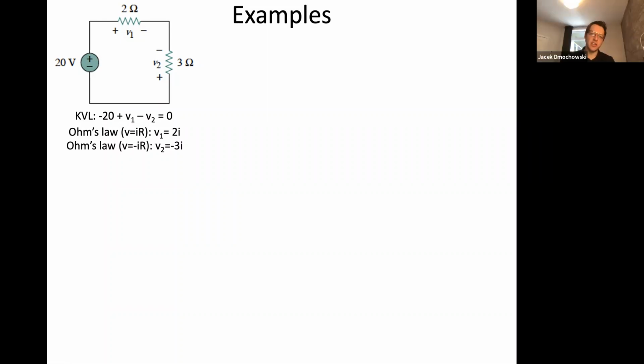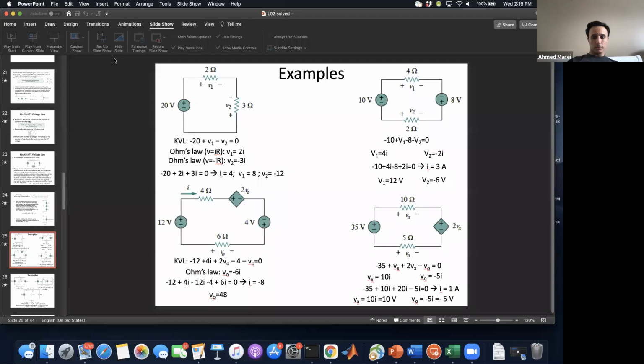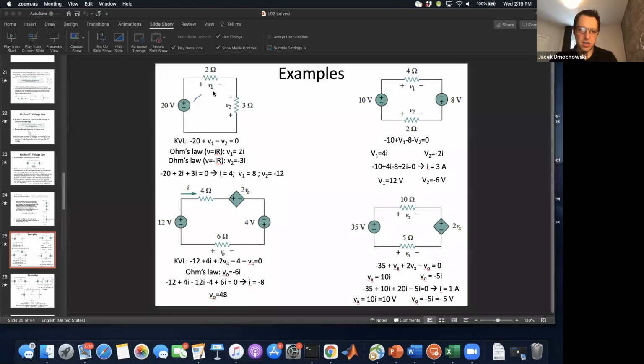The reason is that if you draw your current like this, then the arrowhead is going down into the negative here.